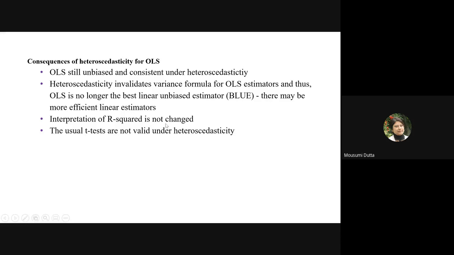Interpretation of R square is not changed. That is, the interpretation of goodness of fit will not change. It will still remain ESS by TSS. The usual t-tests are not valid under heteroscedasticity because the variance is not minimum. When we consider the t-statistic, it is beta hat divided by standard error of beta hat. So as long as we cannot ensure that the variance of beta hat, or the standard error of beta hat, is the minimum, if we estimate the t-statistics, that will give us erroneous results.